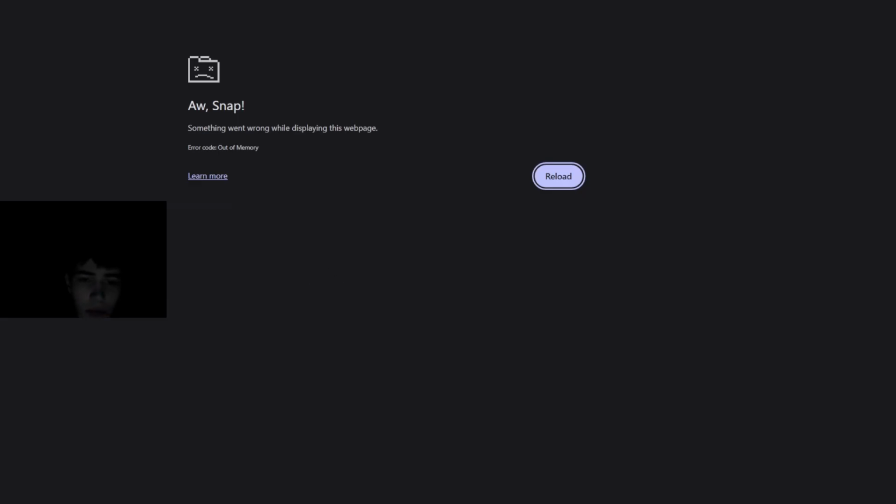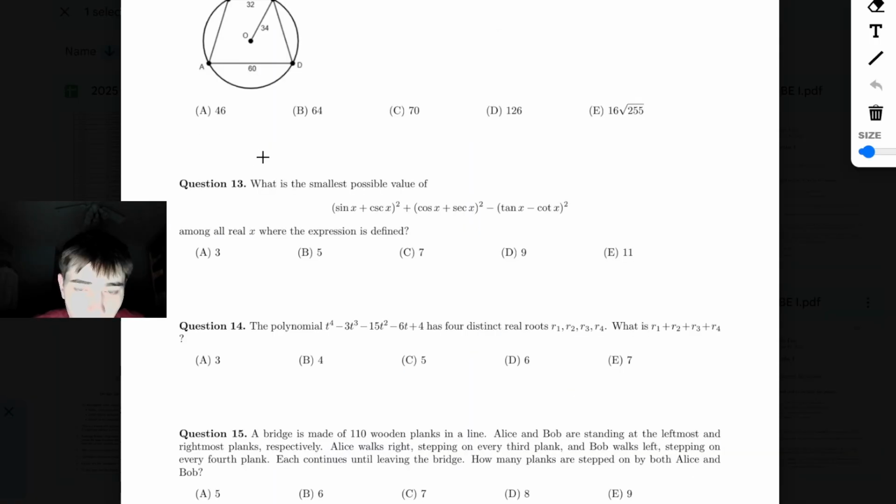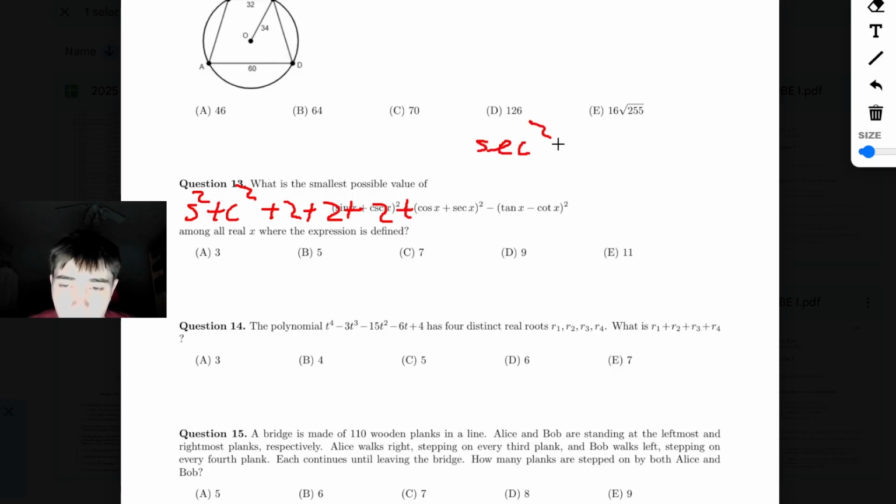Oh wow. Where were we? We had sine squared plus cosine squared plus 2 plus 2 plus 2 plus, we were here. We had secant squared minus tangent squared equals 1.